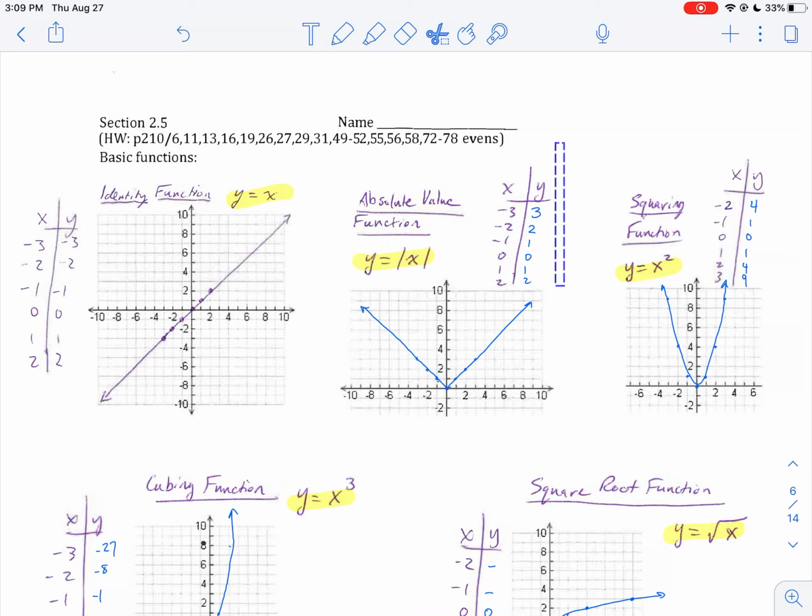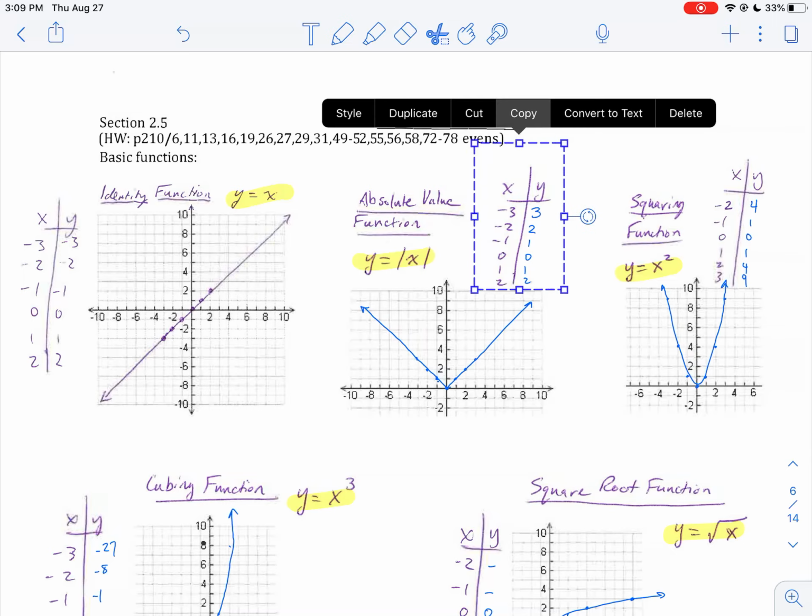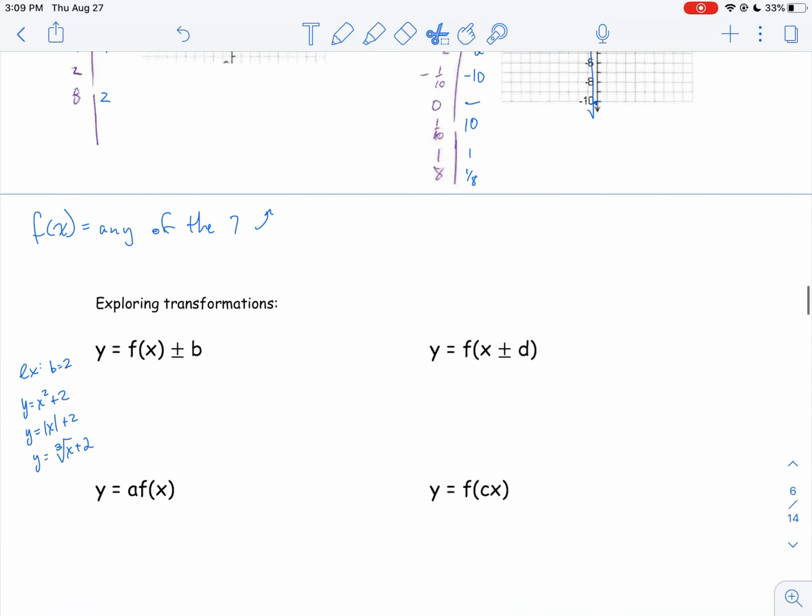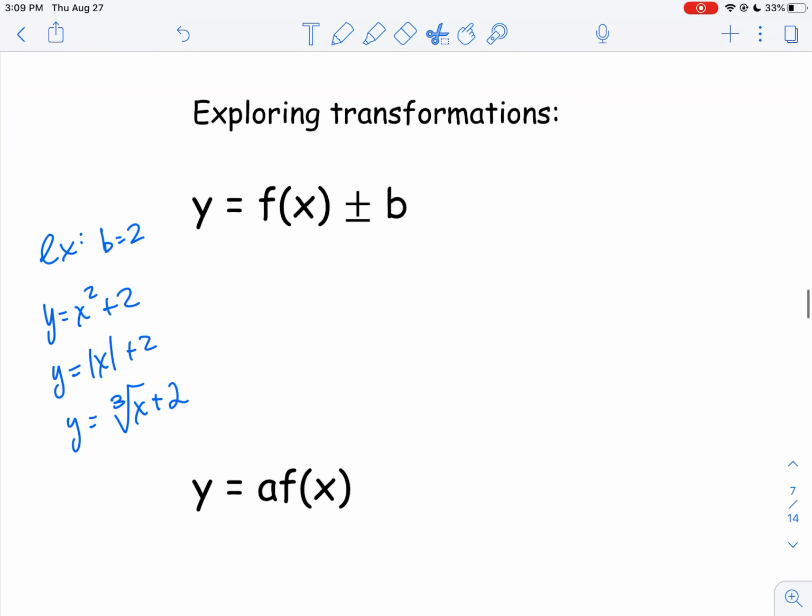I don't think this is going to do what I want it to do, but I'll try. Think about y equals x squared.